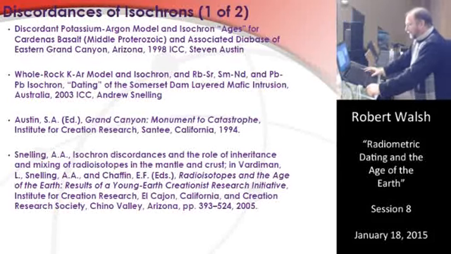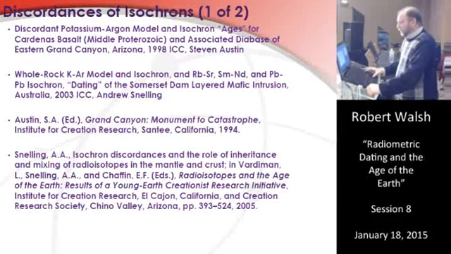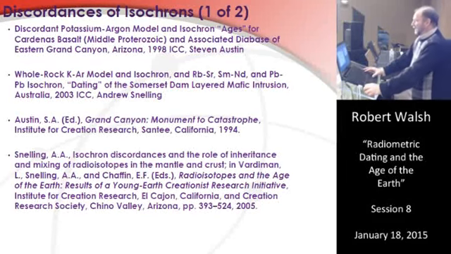Finally, in the Grand Canyon, there has been research performed using the isochron method that has shown isochron discordances, and this has been known since long before 1994, when Steve published his book, Grand Canyon: Monument to Catastrophe. Andrew Snelling, "Isochron Discordances and the Role of Inheritance and Mixing of Radioisotopes in the Mantle and Crust."